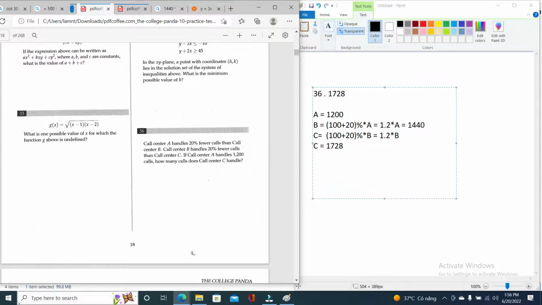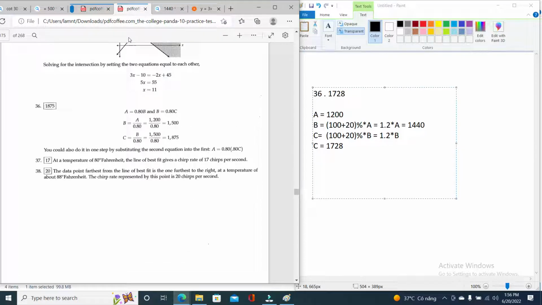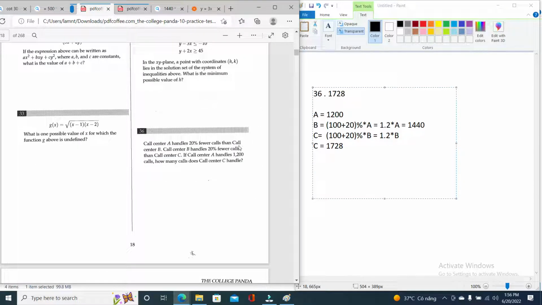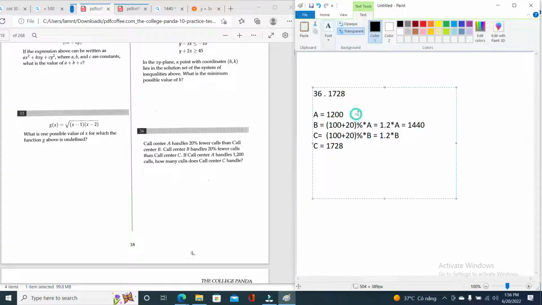Fewer codes than center B. So B is, so it's 20% of B. Yes, okay, I understand it now. So that is actually 80% of B, right?